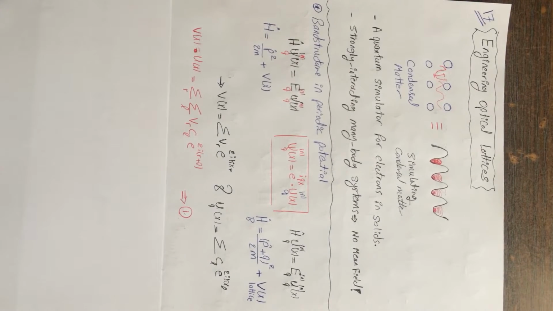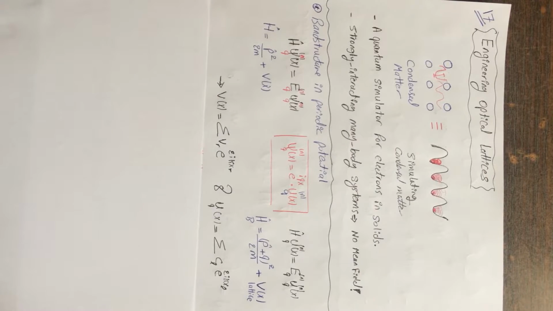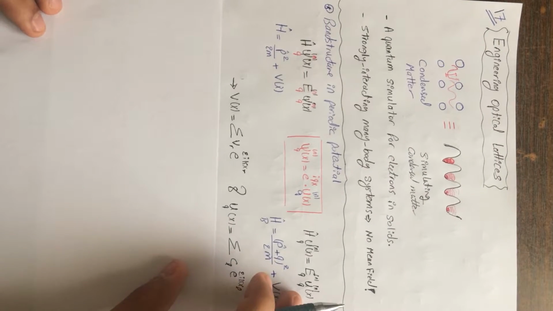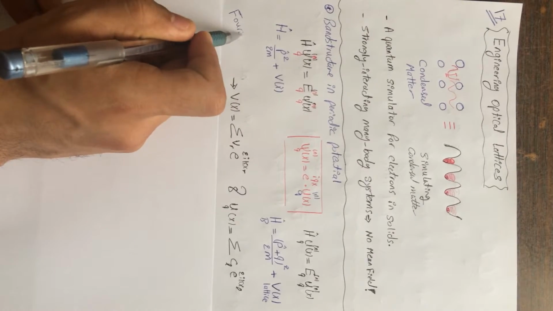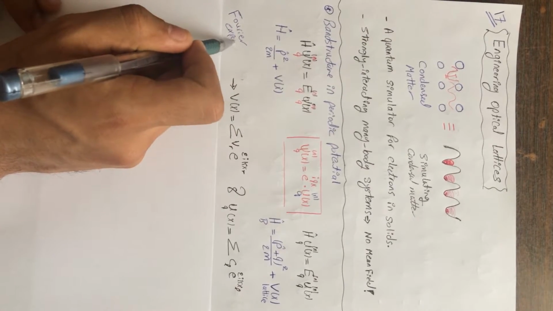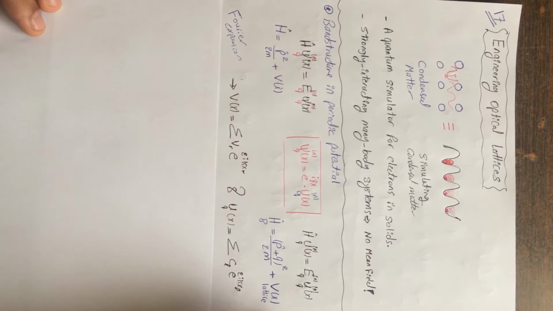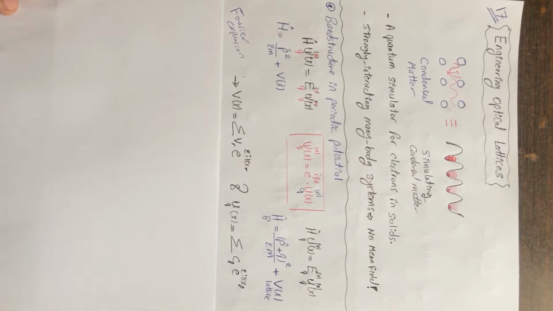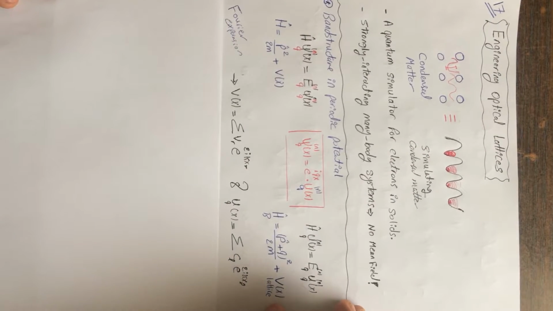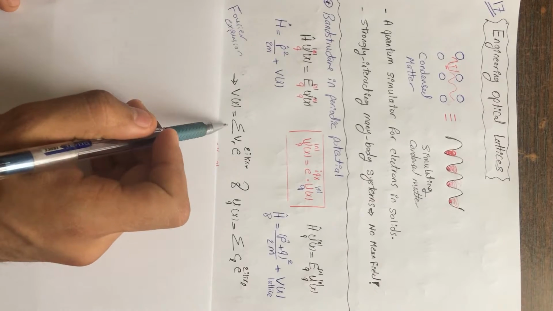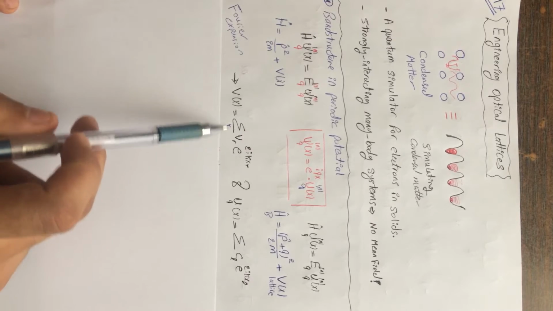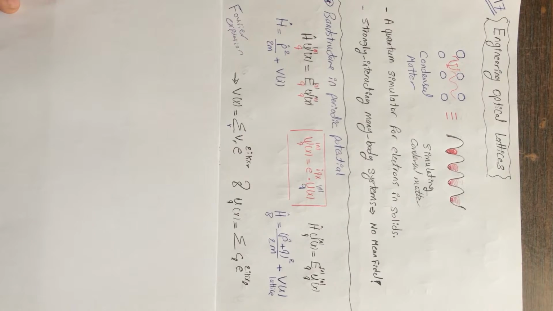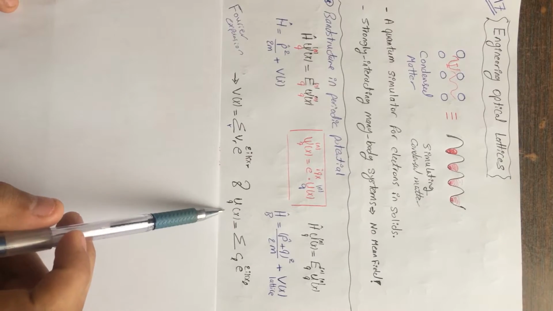So let us try to write down the potential and the wave function, the eigenstates of the Hamiltonian, by a Fourier expansion. If you have many lattice sites and a potential, you can expand this potential in an exponential Fourier series.